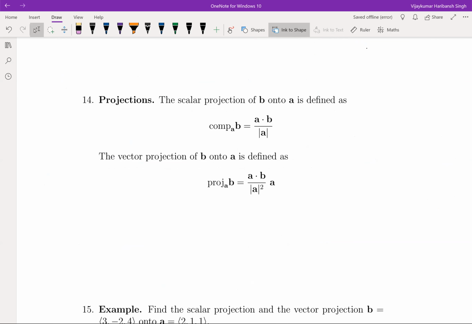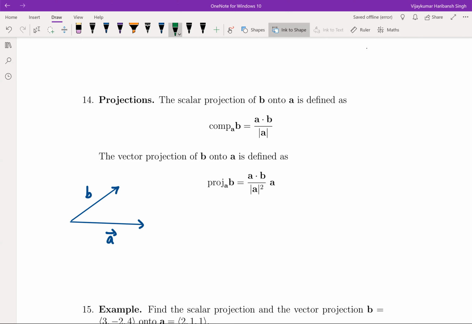Now, another interesting aspect, and we'll see the physical interpretation of it when we are looking at the work done, is the following. So you are given a vector A. So this is your vector A, and we have vector B. So this is vector B. And what we are interested in is, what is the projection of vector B onto vector A?